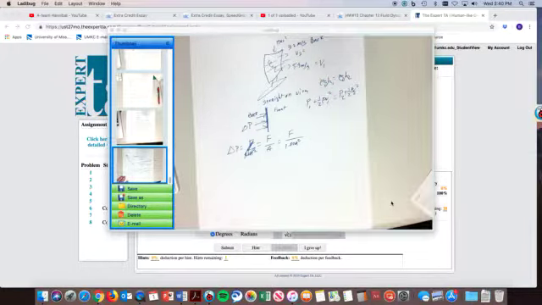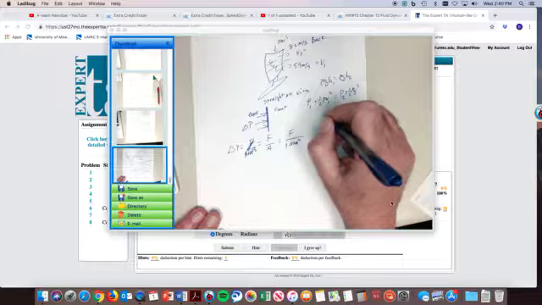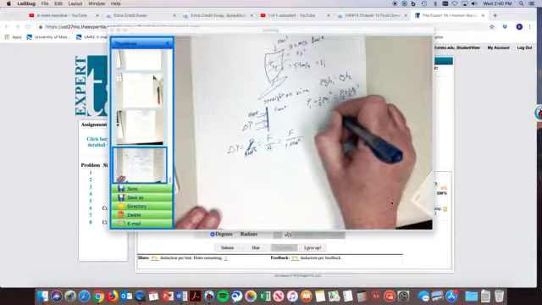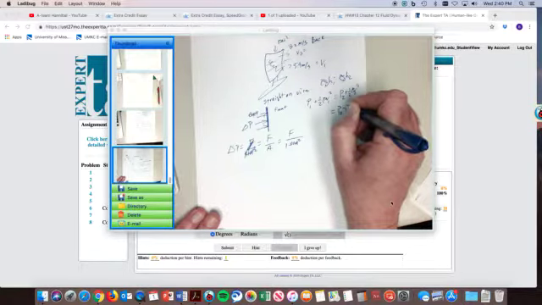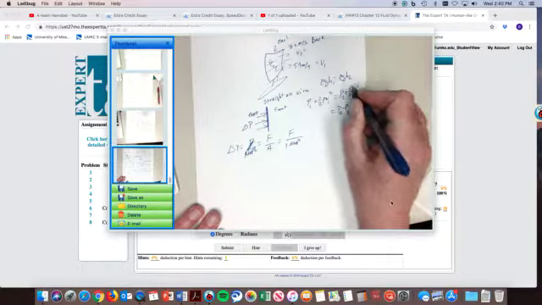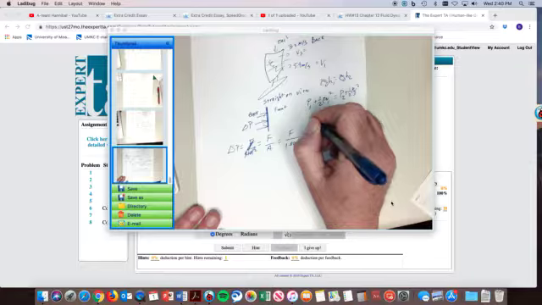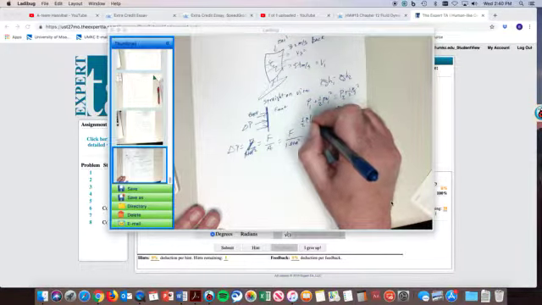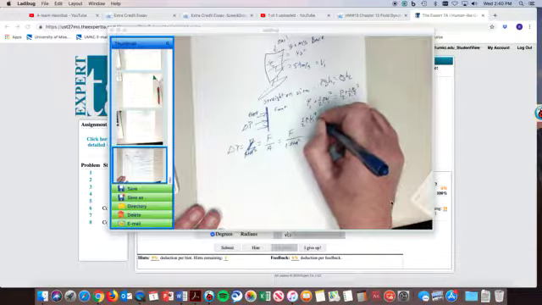So those two terms cancel. Now what are we after? I want the change in pressure, so I'll subtract P1 from both sides and wind up with P2 minus P1 equal to 1/2 rho times V1 squared minus V2 squared.